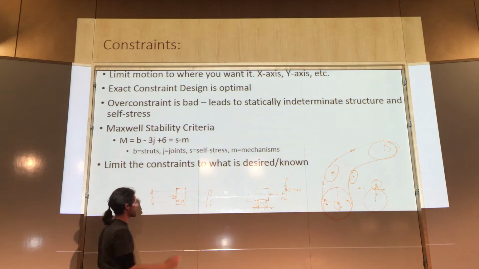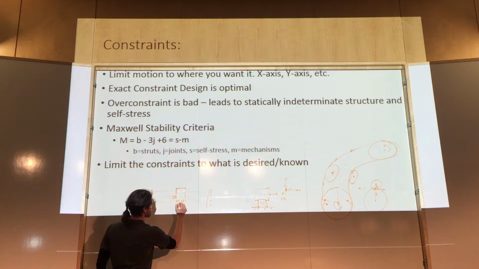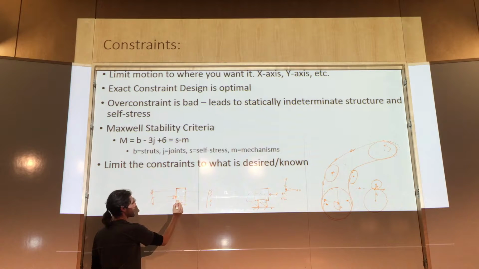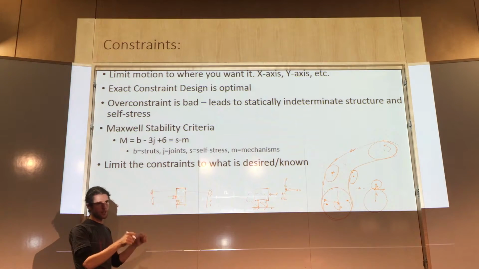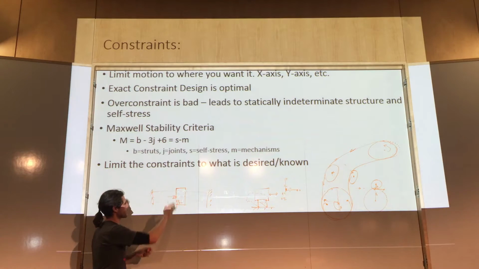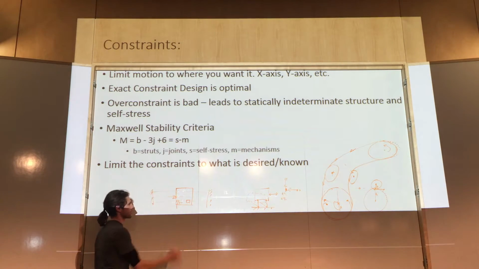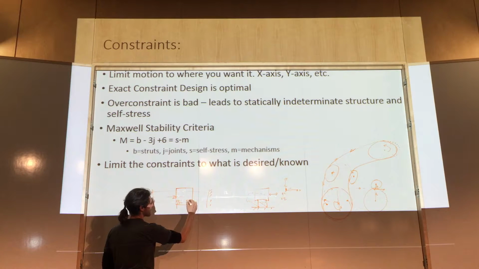If they're really close together, then if this guy moves over here, it keeps moving over, it ends up becoming the same as just this one. And it's actually not stiff and doesn't prevent that rotation. So in your design, you want to push out that support as far as your packaging will allow you to do that. And that provides a larger moment that these guys can resist.